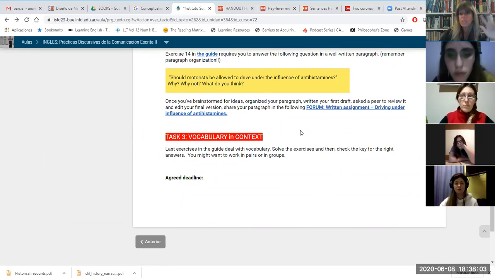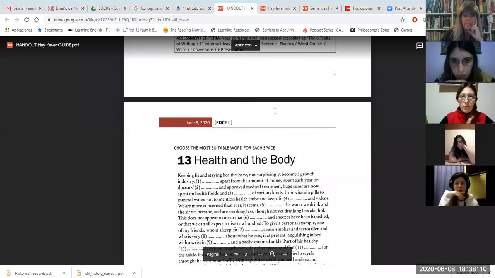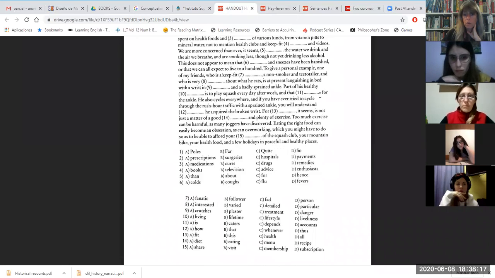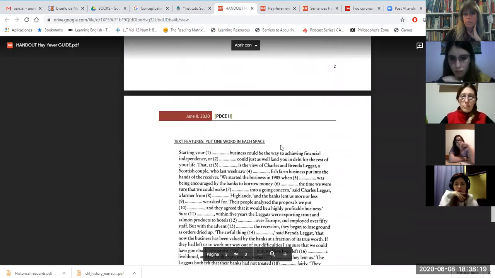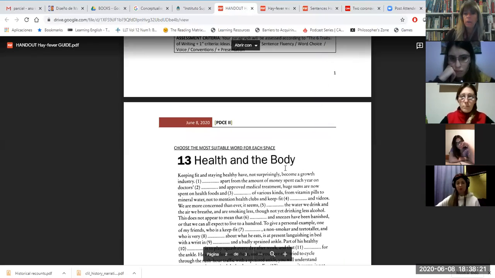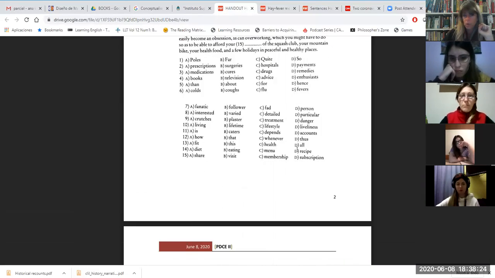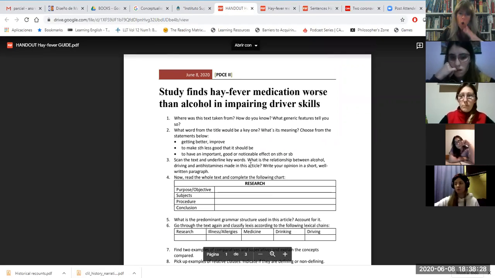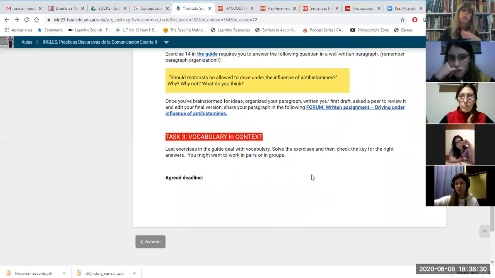And then task three is vocabulary in context, which is this, right? This is very simple. These are closed texts where you have multiple choice, and they have to do with health and the body. Okay, so then I'm going to explain, once you finish with all these exercises, what the theory behind those exercises is.